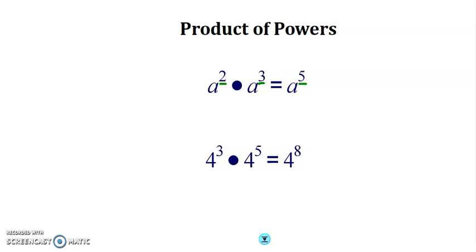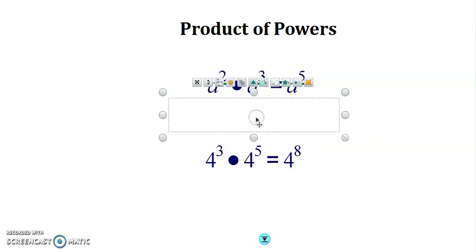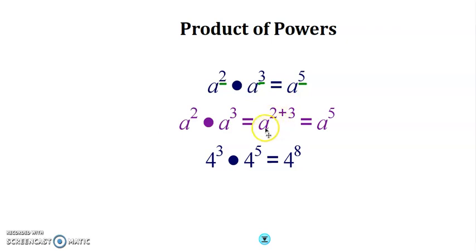Well, we would add them. 2 plus 3 is 5. So this product of powers rule is really just adding those exponents together. And if we look at the other example, it still holds true. We now have a common base of 4 that stays the same, and we have those exponents of 3 and 5 that become an 8. Well, again, 3 plus 5 gives me the 8.